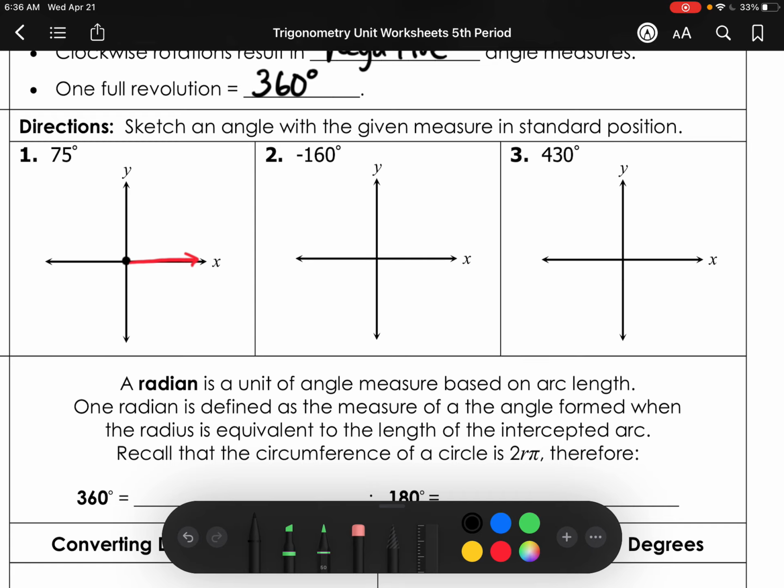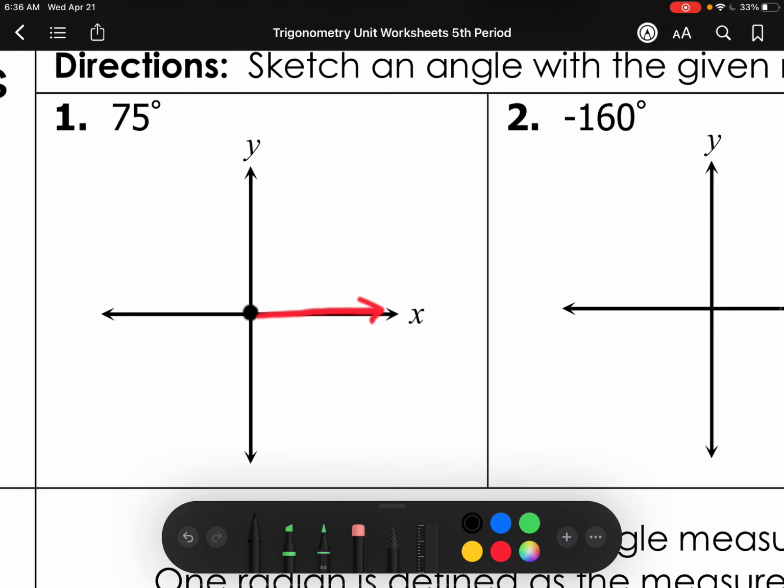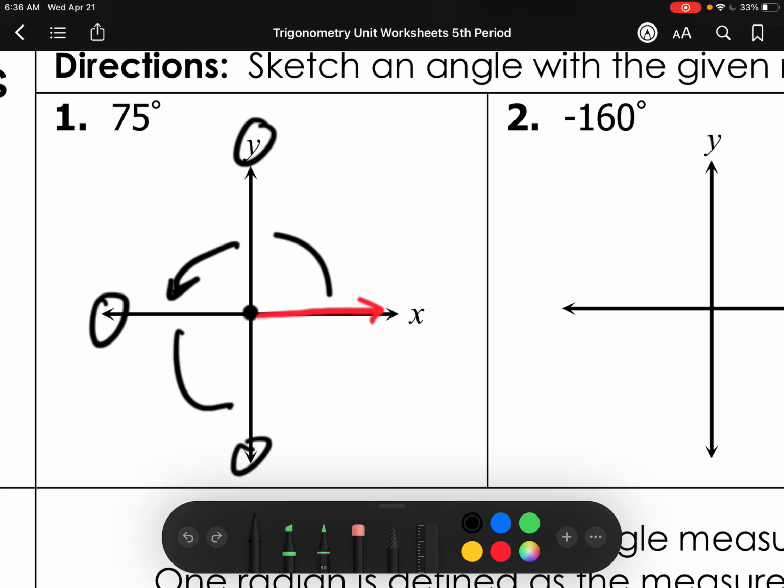So number one, we have a 75-degree angle, and this right here would form a 90-degree angle, right? So we know that each quarter right here is 90 degrees. This is 90 degrees, this is another 90 degrees, so it's 180, this is another 90 degrees, so this is 270, and then the final 90 degrees is 360 degrees.